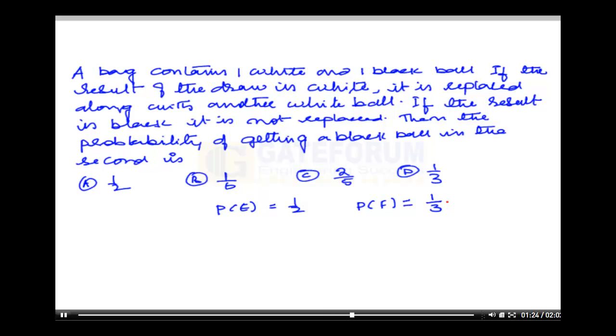When we draw the second ball out of 3, the probability is 1 by 3.